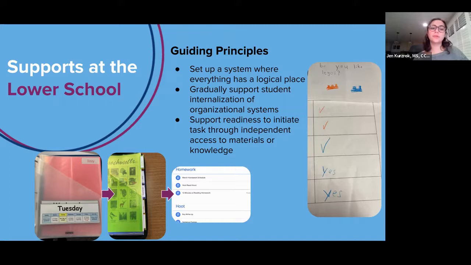When we move into 3rd and 4th grade, they might have a different section in their binder for language, for math, and for tutorial, because content is now a way that we can organize that information. And then by the time we get to 5th grade, that might look like, as Gwendolyn started to mention, organizing on Google Classroom. Not only do they have to go to their language Google Classroom, but within that, there might be a section for homework or a section for the project I'm working on right now, or all of the graphic organizers for my essay.